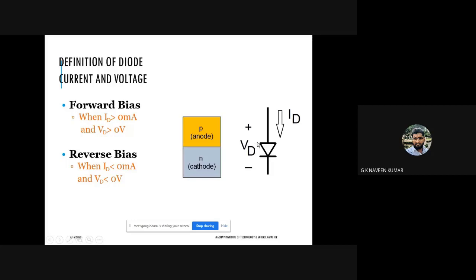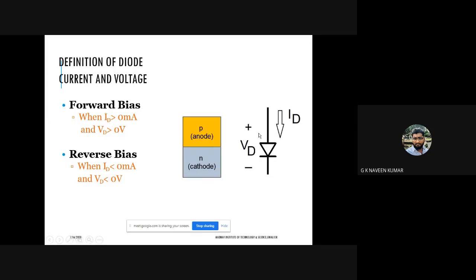And in reverse bias condition, it takes the maximum voltage. In reverse bias condition, there will be a minimum amount of current, in microamperes, or you can consider it as 0 amperes. The reverse voltage appearing is the same as the supply voltage.